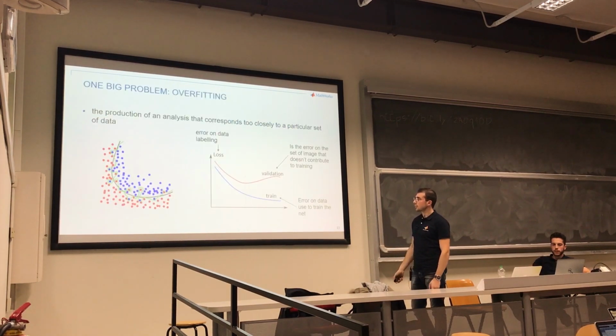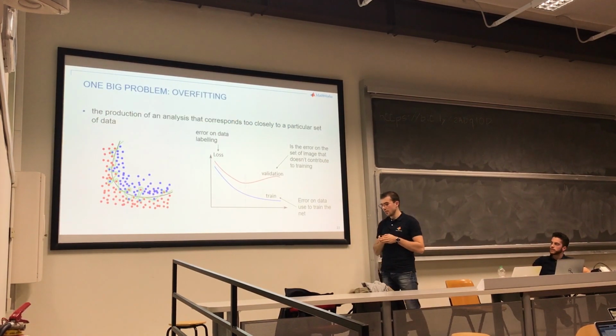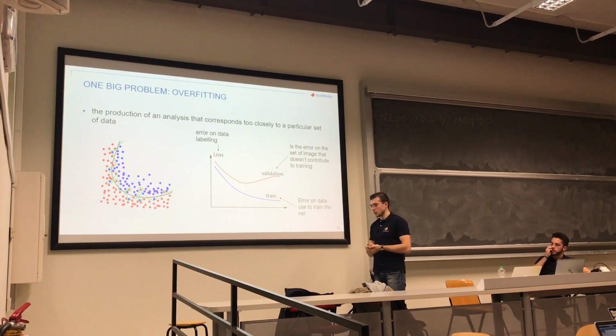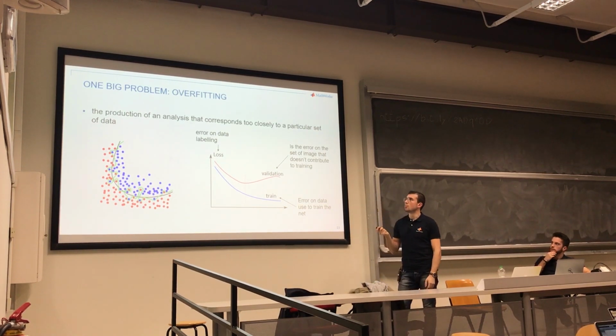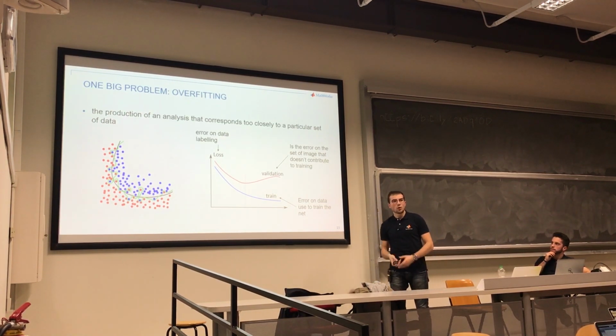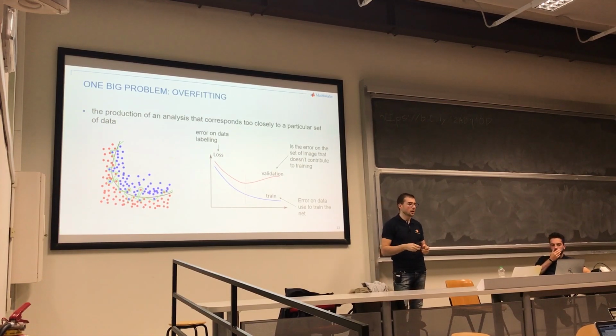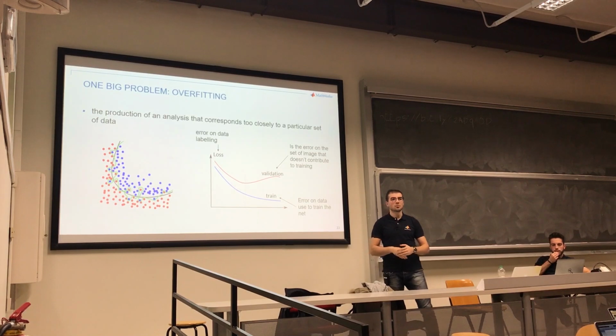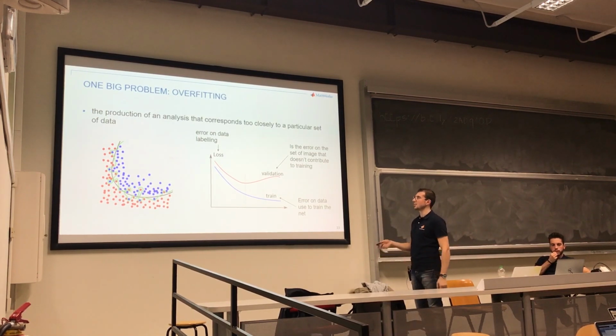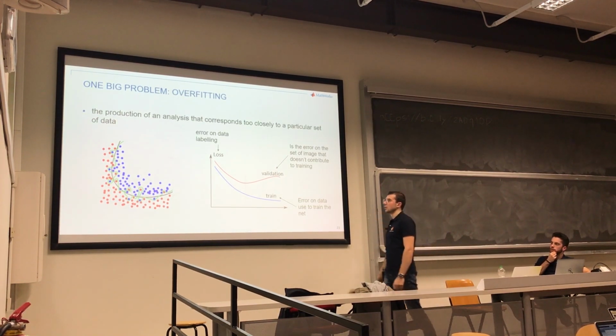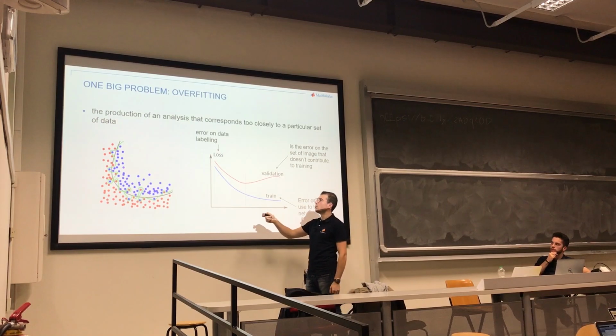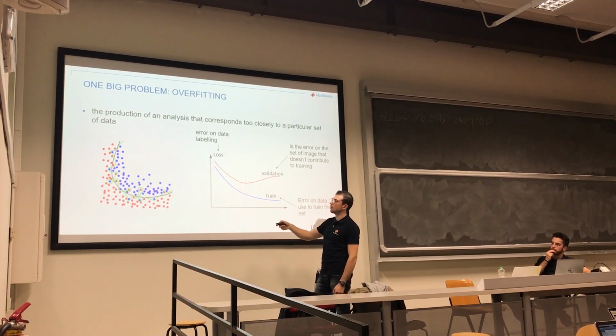Now we have to deal with one big problem: overfitting. Overfitting is a problem that any type of network in machine learning and deep learning has. To understand this problem, look at this picture. We have some blue dots and some red dots.